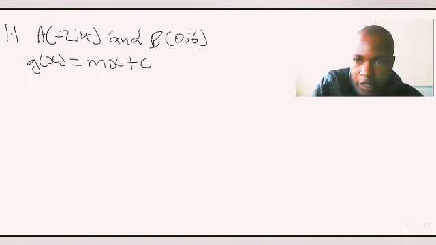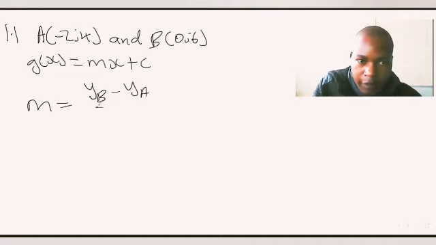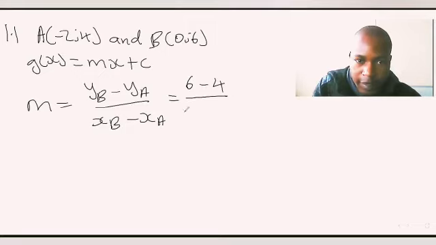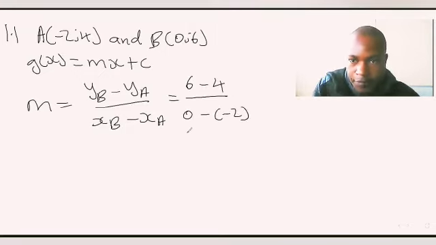So now we would need these 2 points in order to find the gradient. So m would equal yB minus yA divided by xB minus xA. So this in itself would then just be 6 minus 4 divided by 0 minus (-2) over there.